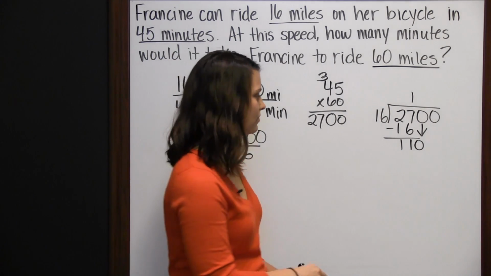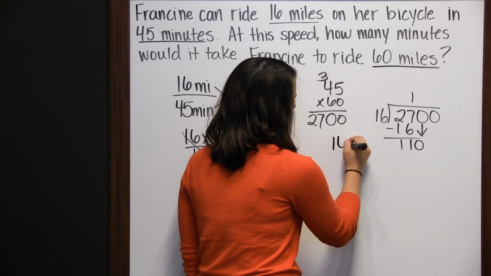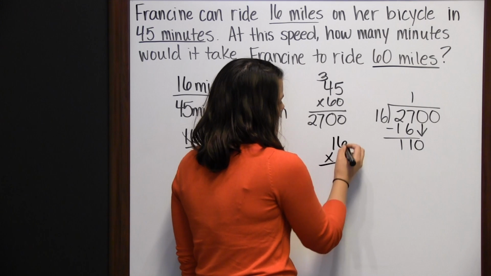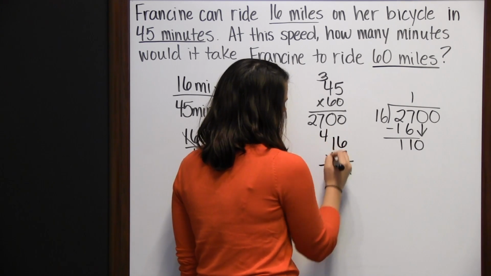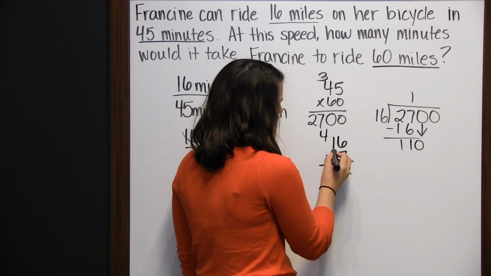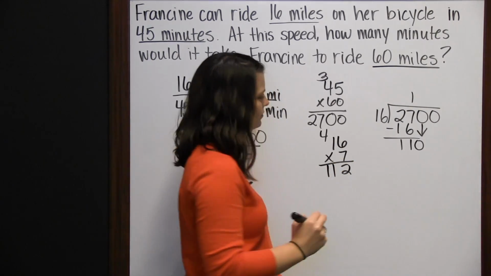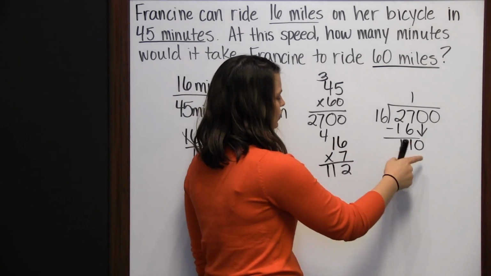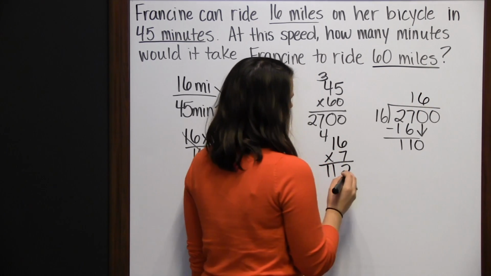So 7 times. So let's see if 16 will go into 110 7 times. 7 times 6 is 42. 7 times 1 is 7, plus 4 is 11. And that's a little too big, which means I know 16 goes into 110 6 times.